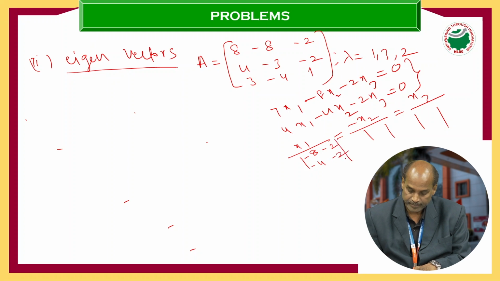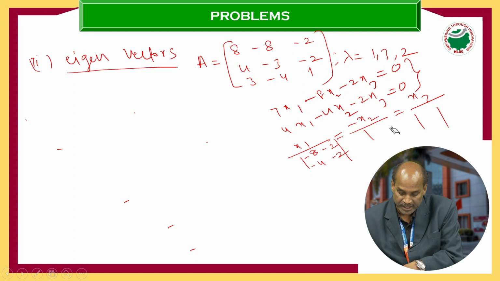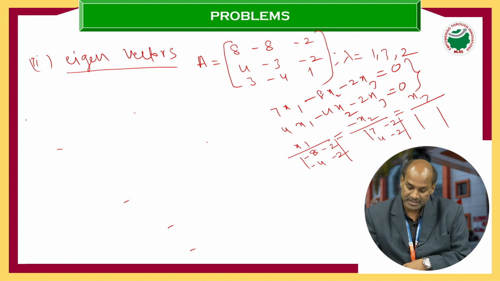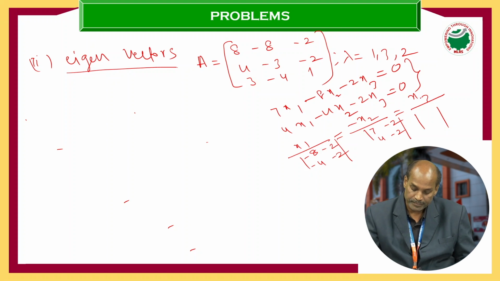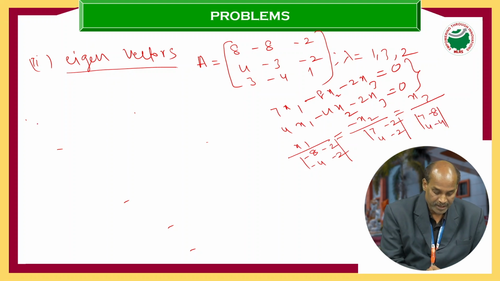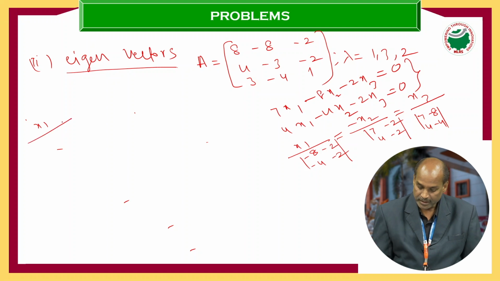Similarly for x2, delete the second column and write the determinant of the remaining terms: 7, minus 2, and 4, minus 2. Similarly for x3, remove that column and write the determinant: 7, minus 8, and 4, minus 4.